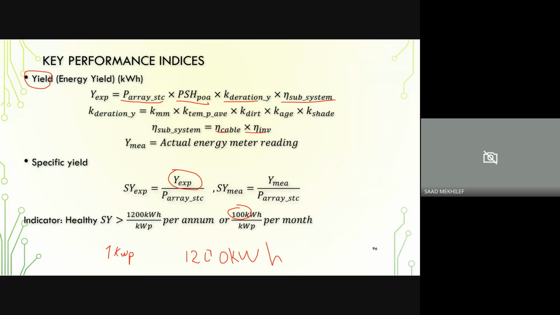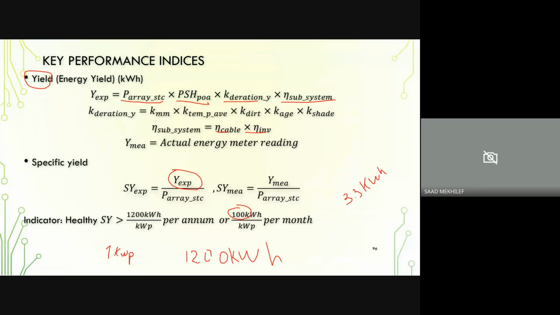So if, for example, you have 30 days, then we divide this 100 by 30, and we get around 3.3, so about 3 kilowatt hour. You see?